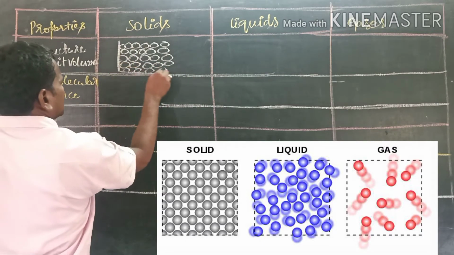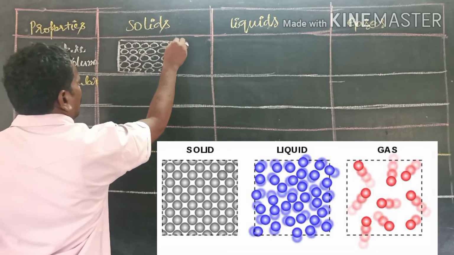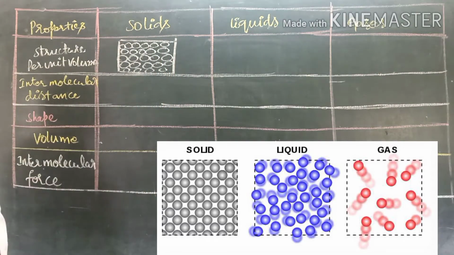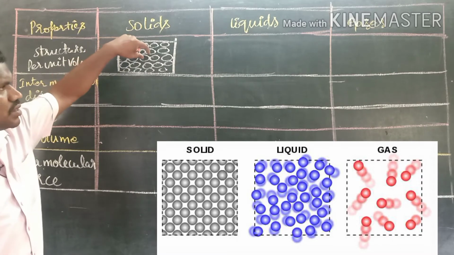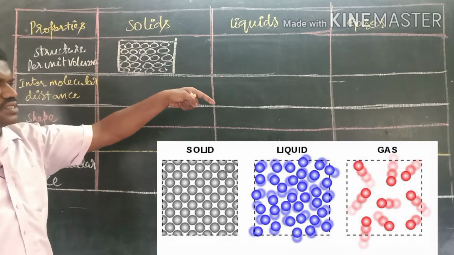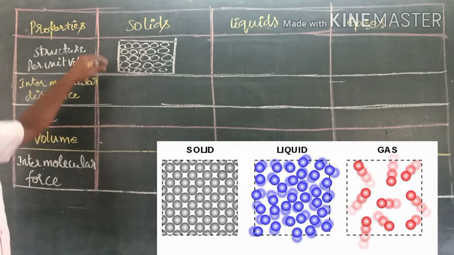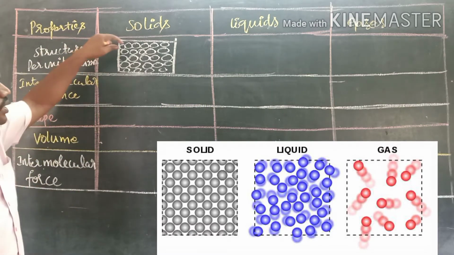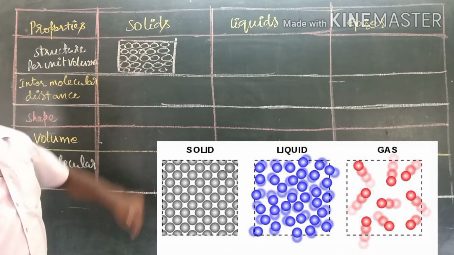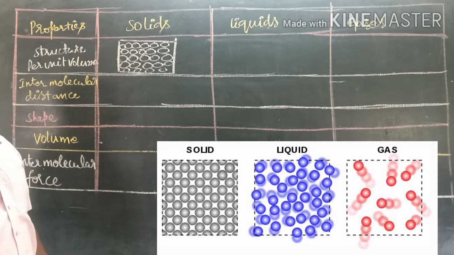If you consider this a unit volume, all the molecules are arranged like this, very closely packed. You can understand how the molecules are placed beside each other, which means there is no gap between the particles. Intermolecular distance is very less.